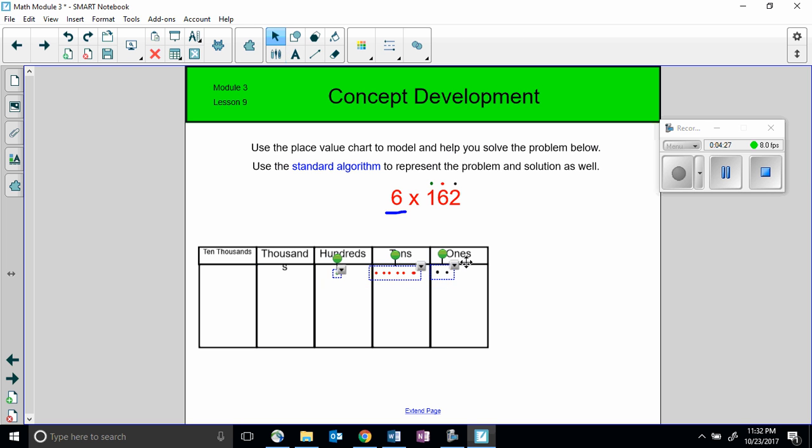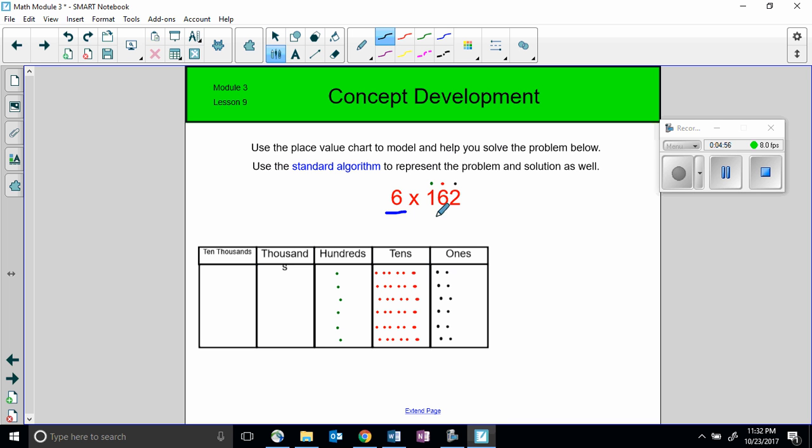Yep, you need 6. I know this because 1 group, 2 groups, 3 groups, 4 groups, 5 groups, 6 groups, because a group was 162. So I have 6 162s.